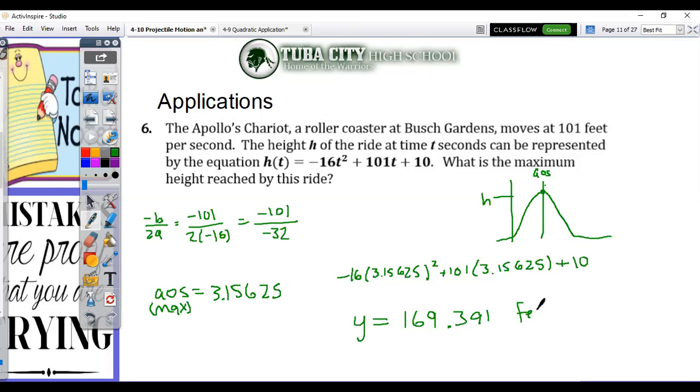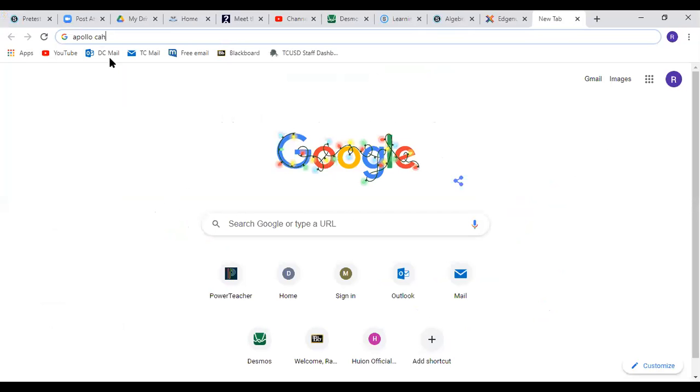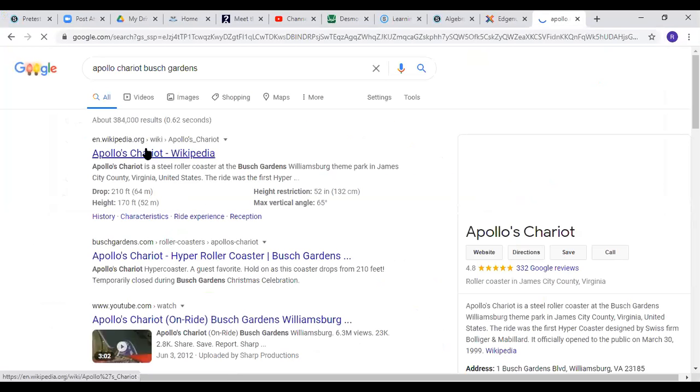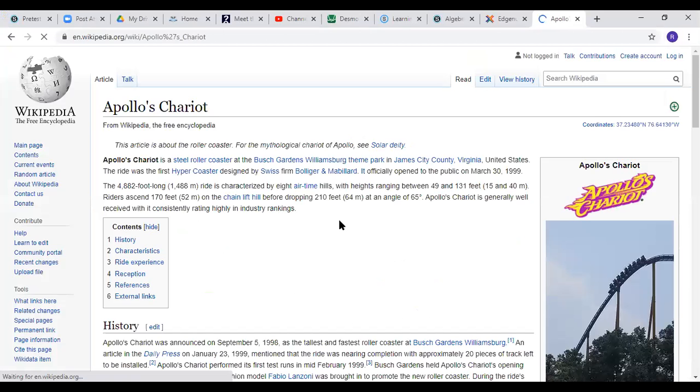169.391 feet. Now I'm actually kind of curious about this particular roller coaster, so I'm going to go a little bit off topic. If you've ever been in my class, sometimes I do this as well, because I'm just curious myself. Apollo's Chariot, Busch Gardens. Let's look at what it looks like.